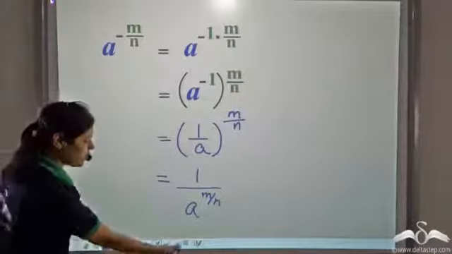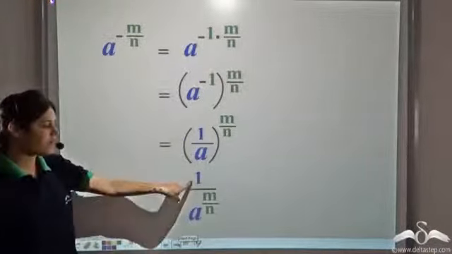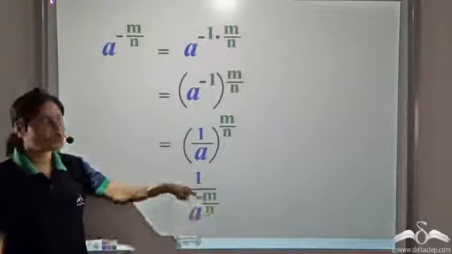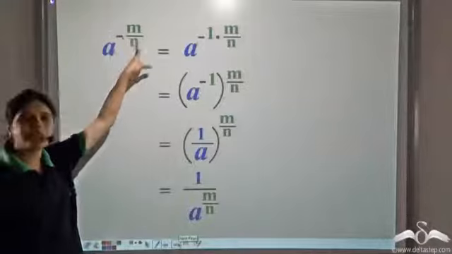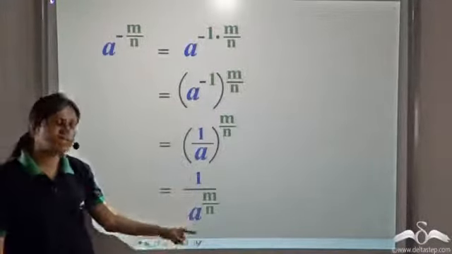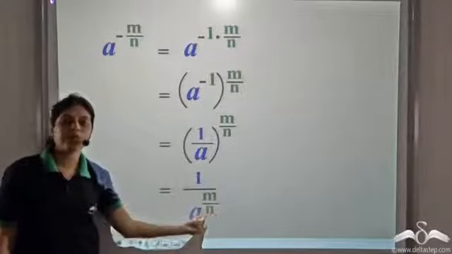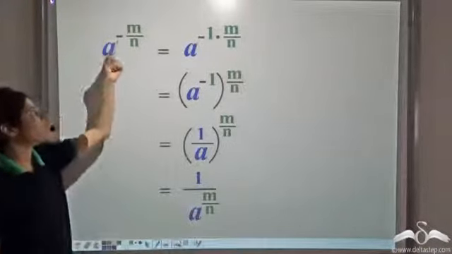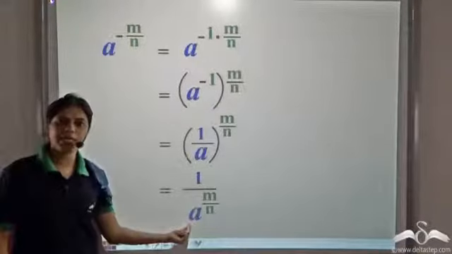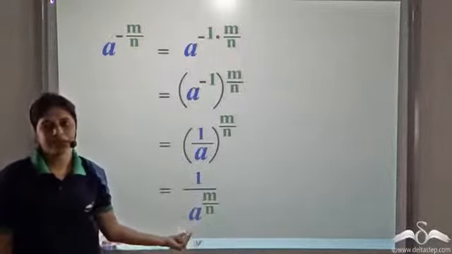So this is what we get. So this is 1 divided by a to the power m by n. So any number in which exponent is negative can be written as 1 divided by the number with exponent positive. So a to the power minus m by n is equal to 1 divided by a to the power m by n.